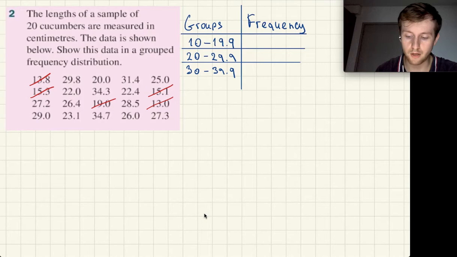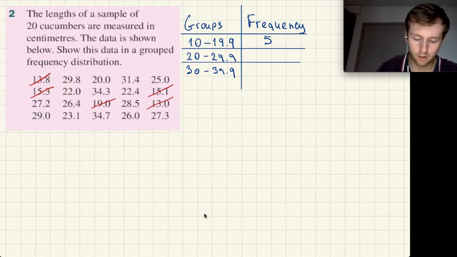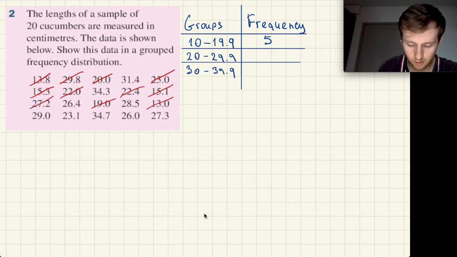So we have 5 values from 10 to 19.9. From 20 to 29.9, there's 1, 2, 3, 4, 5, 6, 7, 8, 9, 10, 11.